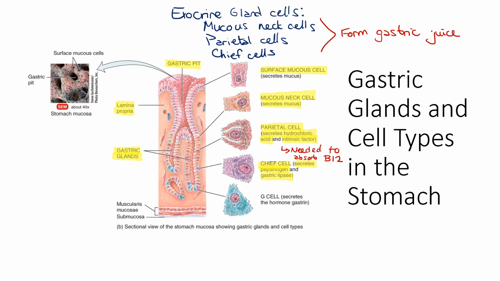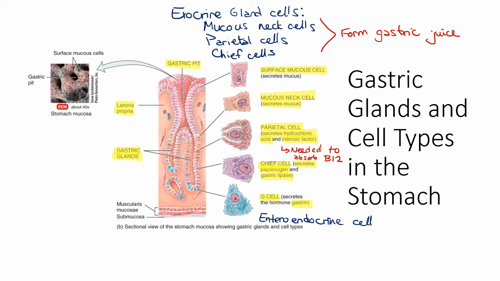Now you might see that there's one more cell here that we haven't talked about yet. In addition, the gastric glands include a type of enteroendocrine cell. This is the G cell. The G cell will secrete the hormone gastrin into the bloodstream, which is going to stimulate all three of the other cells.